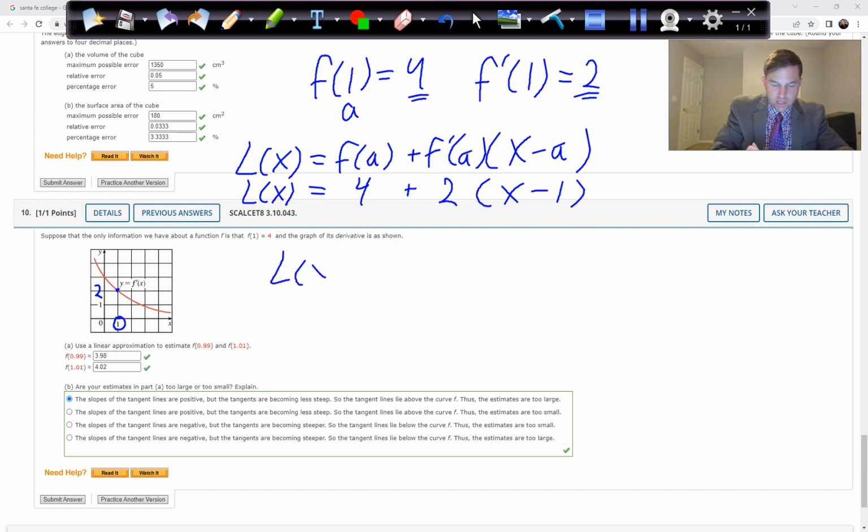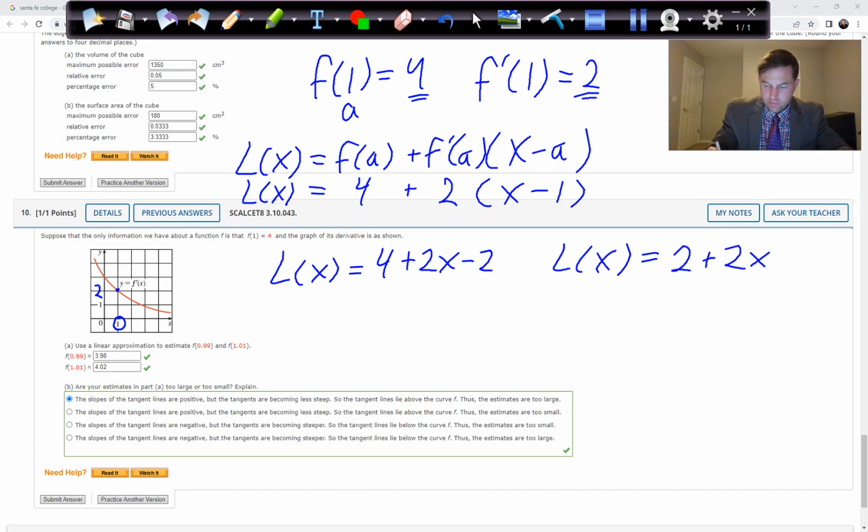So the linearization is another pretty simple one: 4 plus 2 times x minus 1, which simplifies into 2 plus 2x. They don't even want the linearization, we need it for the next part. So they say, okay, use a linear approximation to estimate f of 0.99 and f of 1.01.